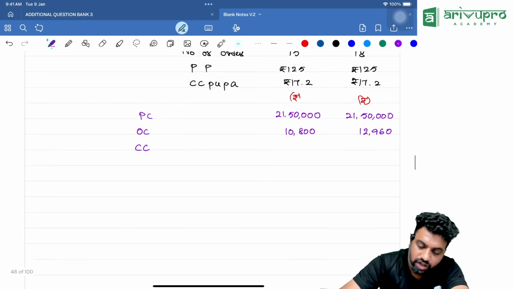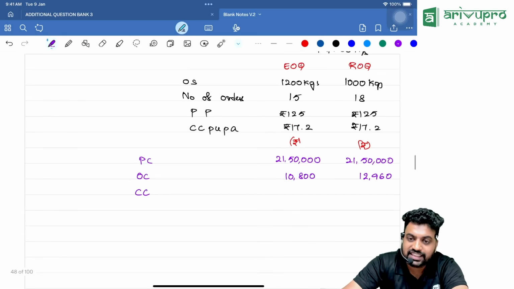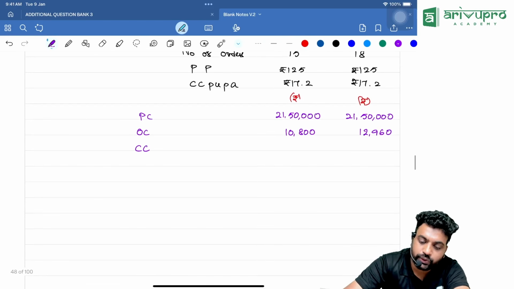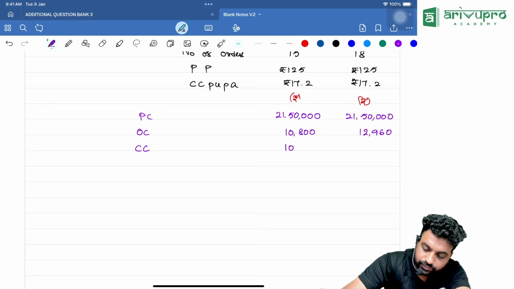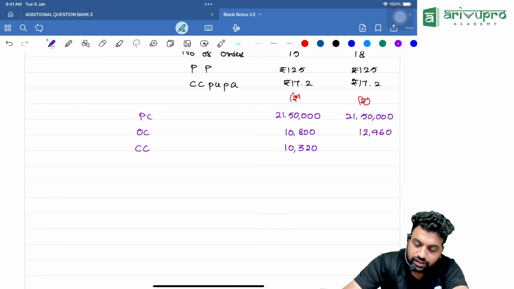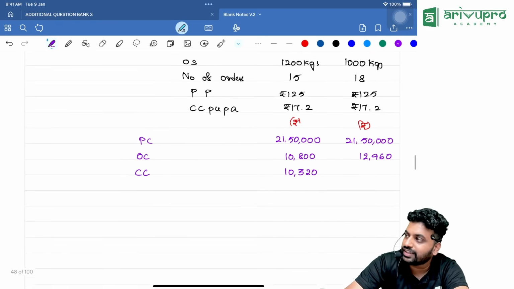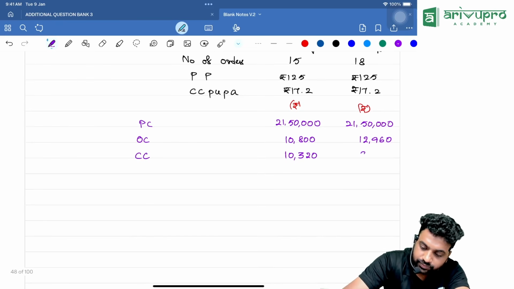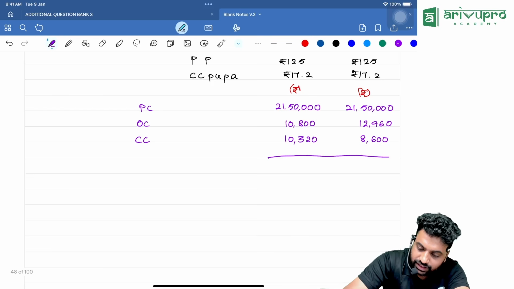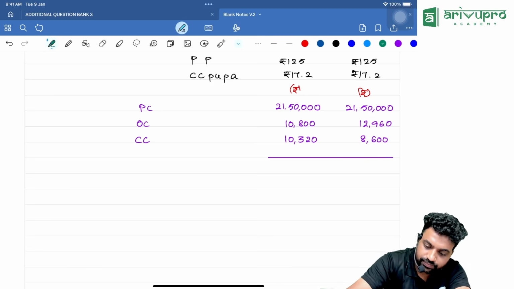Going to the carrying cost. Half of the order size, that is half of 1,200 is 600. 600 into 17.2, 10,320. Next, half of 1,000 is 500. 500 into 17.2, 8,600. That will give you total cost.